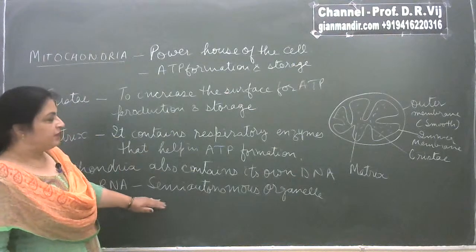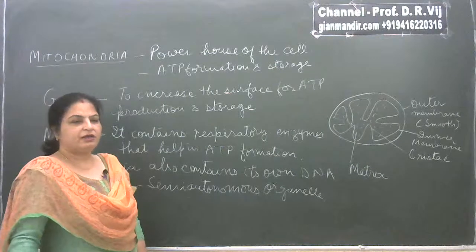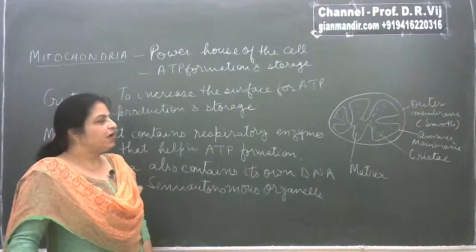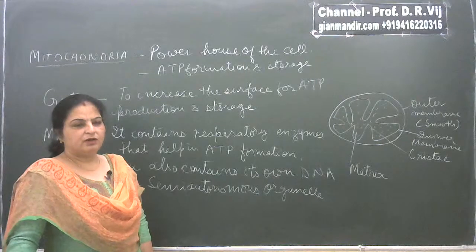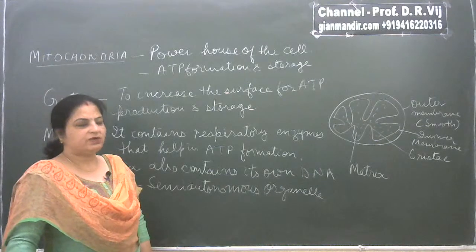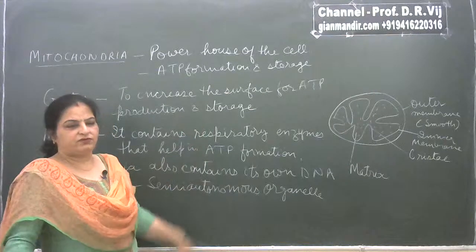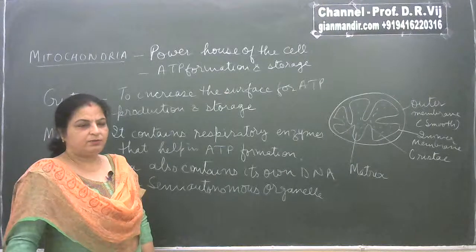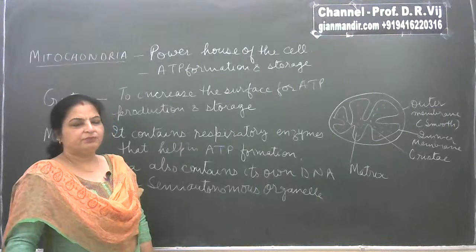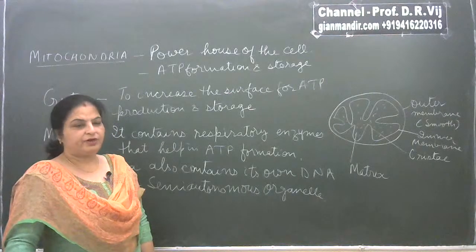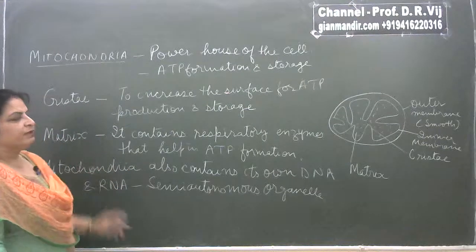So again, if I summarize all about mitochondria, it is the cell organelle which is surrounded by two membranes. The outer membrane is smooth, whereas the inner membrane is deeply folded to form finger-like projections, known as cristae. The function of cristae is to increase the surface area for generation as well as storage of ATP. In between spaces of mitochondria, there is a jelly-like proteinaceous material known as matrix.